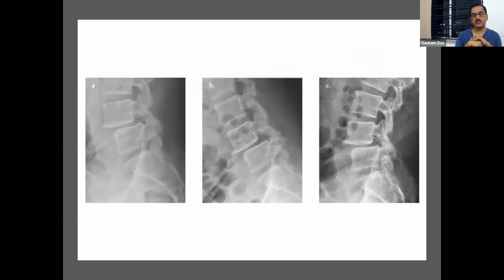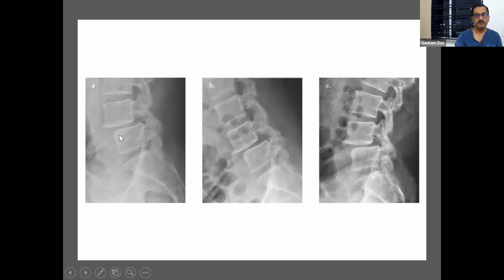There are 5 grades of spondylolisthesis. You see this vertebral body slipping over it. If we make it a percentage, this is approximately 25%, then 50%, then 75%, then 100%.